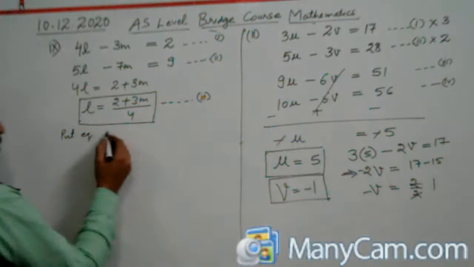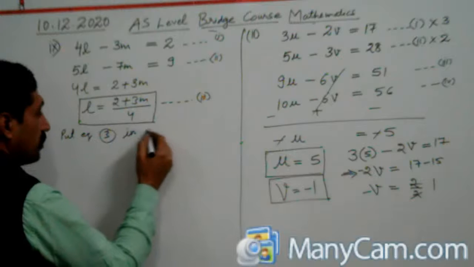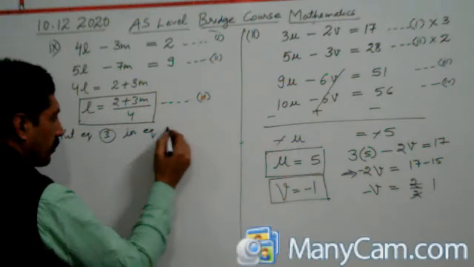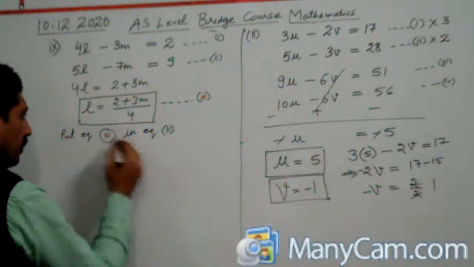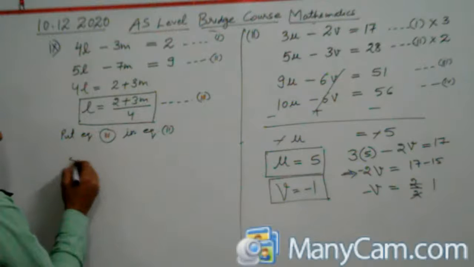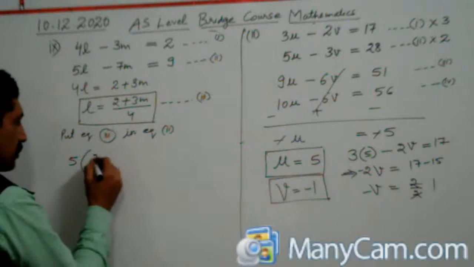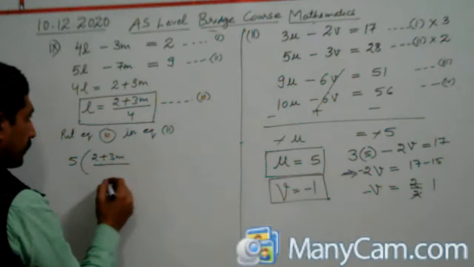Substitute equation 3 in equation 2. So equation 2 is 5L minus 7m is equal to 9. In place of L, put 2 plus 3m divided by 4, right?